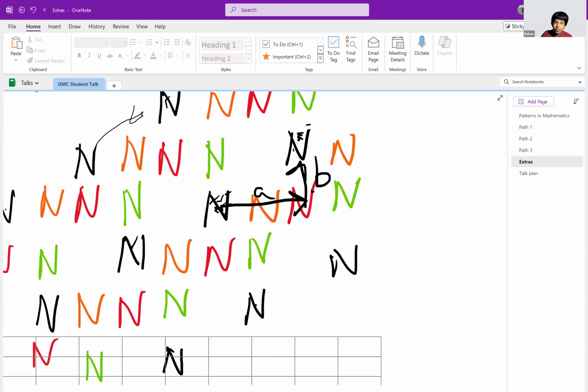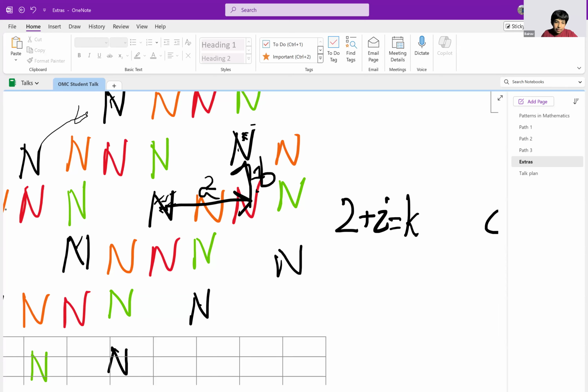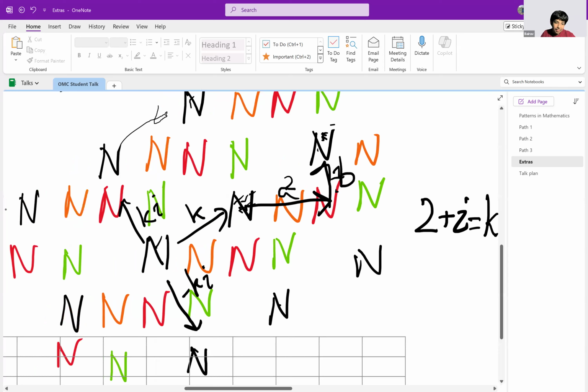So assume the knight moves, say in this case, 2 plus i. This is a 2 and this is 1, and we say this is i, in the complex plane. So then we say this is some k. So then this is a k, this is a minus ki, this is a ki, minus k.